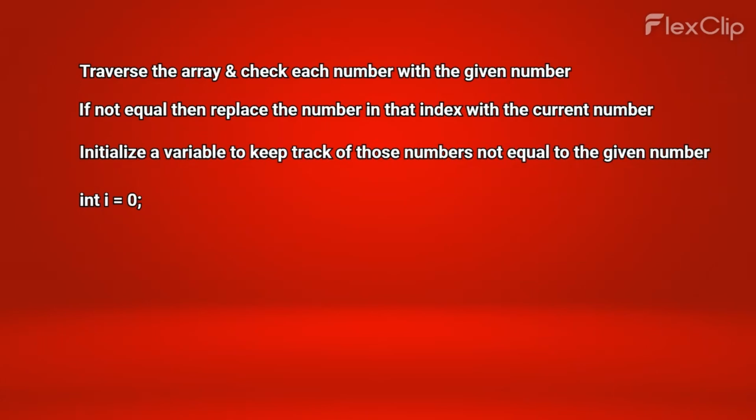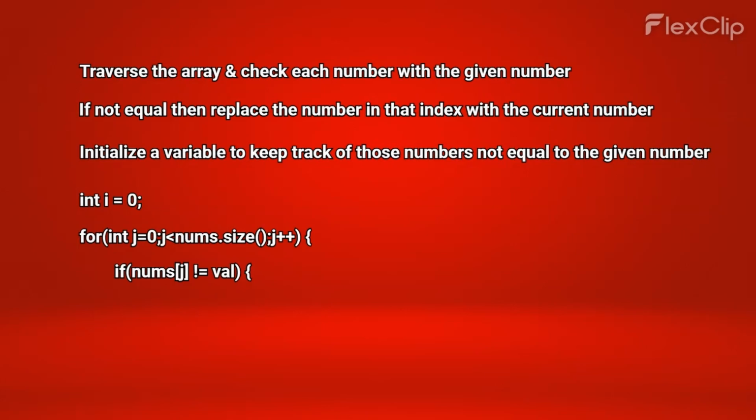Now if nums[j], that means the jth index of the array, is not equal to the value, at this point we put that value, which is not equal to the given value, at the ith index of the nums array, and then we simply increment the value of i. In this way we keep traversing the whole array till its end, and at last we simply return the value of the variable i.